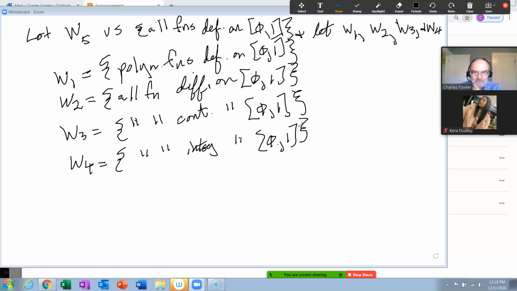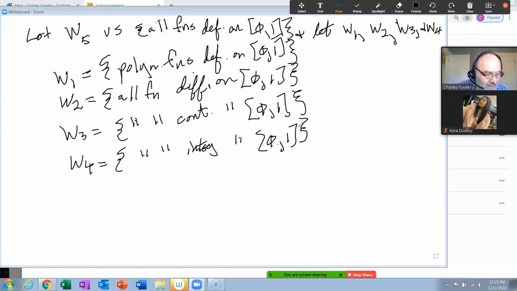W3, they have to be continuous. Now, all continuous functions are integrable, but not all integrable functions have to be continuous. Now that's kind of a stretch, but it certainly is true. I mean, you can integrate in a piecewise fashion functions that are not continuous. And you can't differentiate them, but you can integrate them. And then certainly integrable functions would be in all functions, but not all functions are integrable.